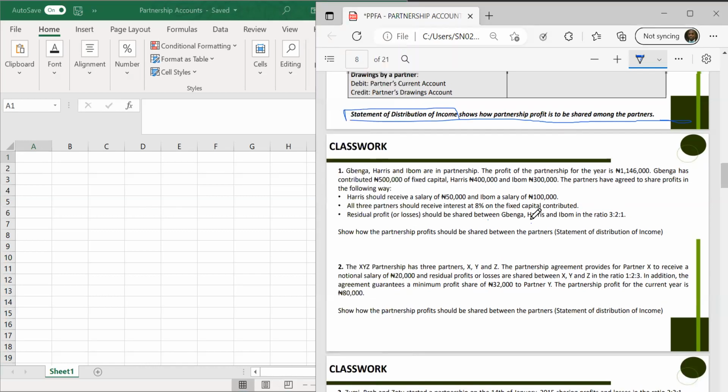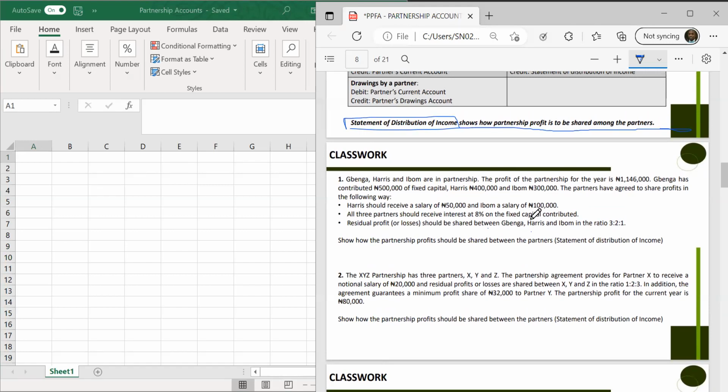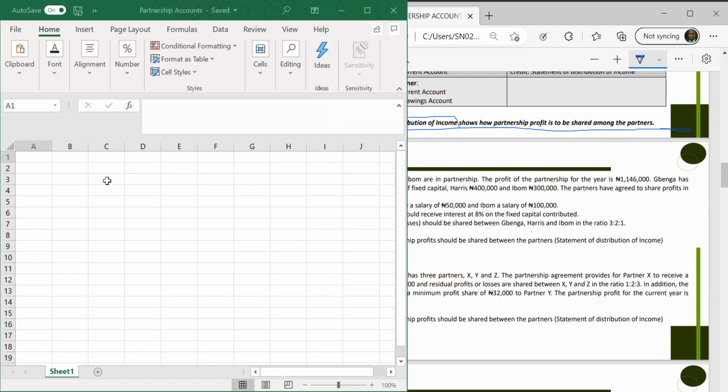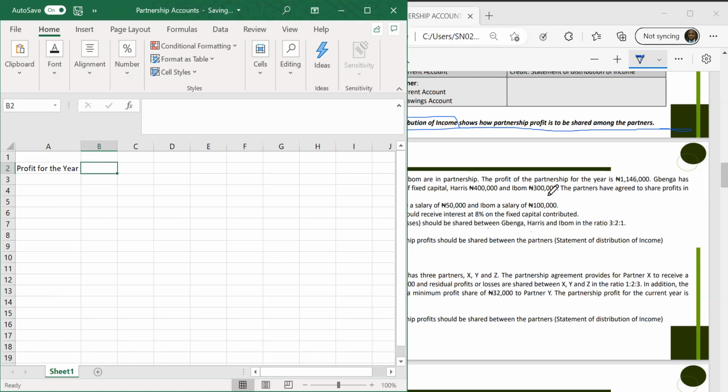So I'll be referring you to when you want to do your partnership account. The profit of the partnership for the year is what? 1,146,000. So let's start from there. Profits, this is for the Benga, Harris, and Ibom partnership.